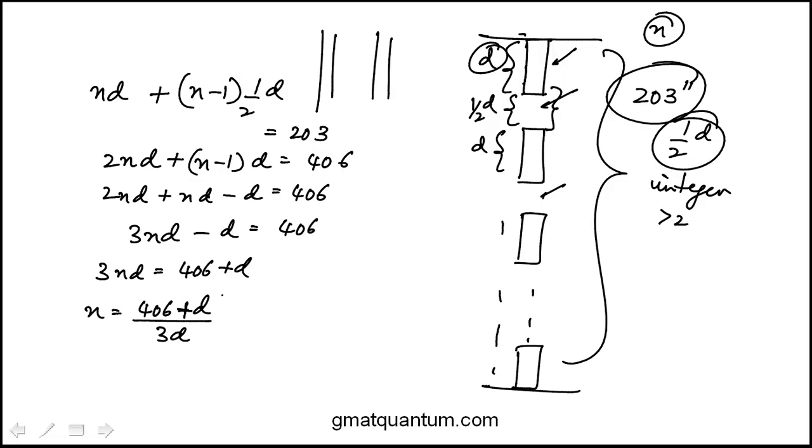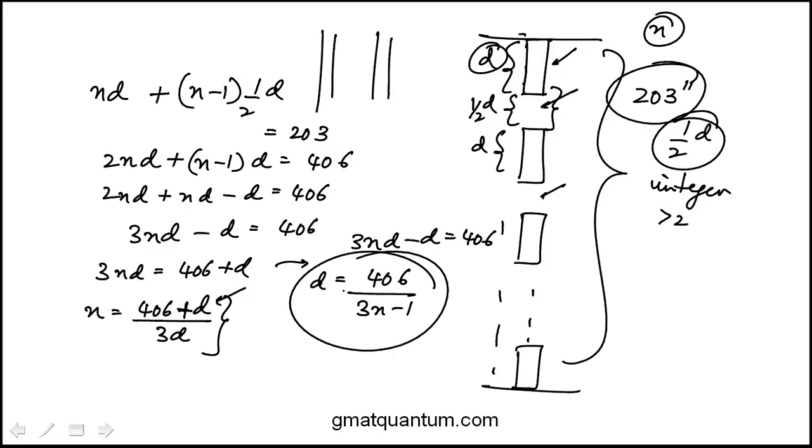At least I can't see anything, at least when I did it first, that would help me to assign values of d that would give me n to be integer. I think it's harder. Whereas what's easier is if you isolate d. So that would be 3nd minus d equal to 406. Then I factor out a d. You'll end up with 3n minus 1. This is an easier structure to deal with.